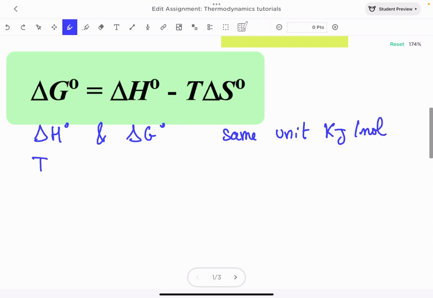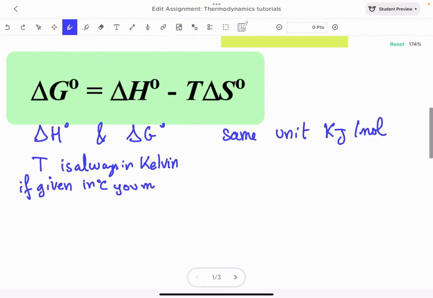Now, the temperature is always in Kelvin. If in the question they gave you T in Celsius, this means that you need to convert it to Kelvin. How do you convert it?